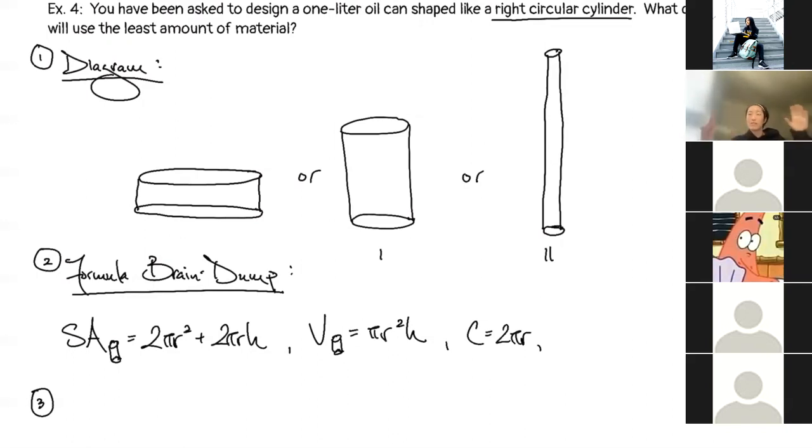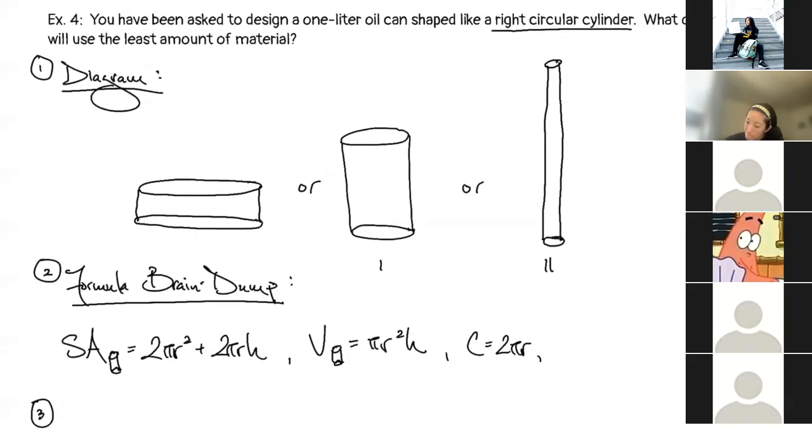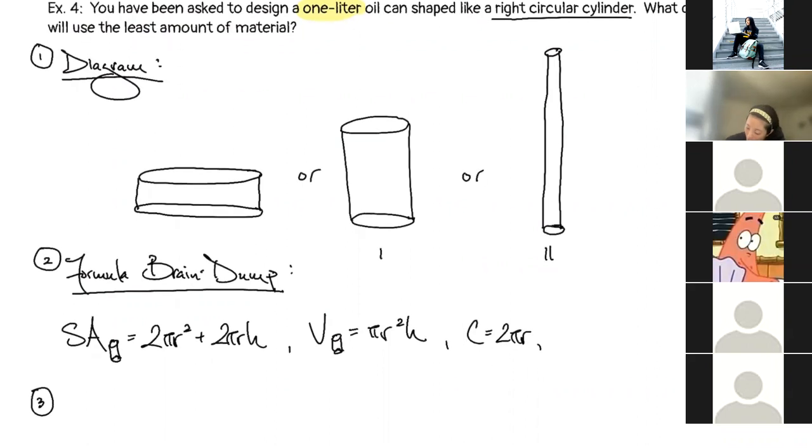Volume versus surface area. Volume, how much we have inside the can. The volume of all 3 of these cans has to be 1 liter. So if it's always 1 liter, I don't know that I need to find a maximum or minimum of it. Yeah, surface area.